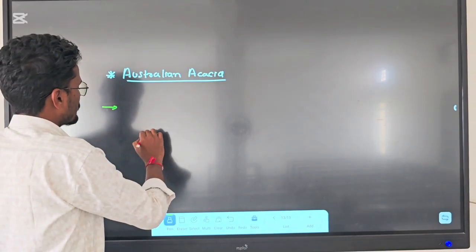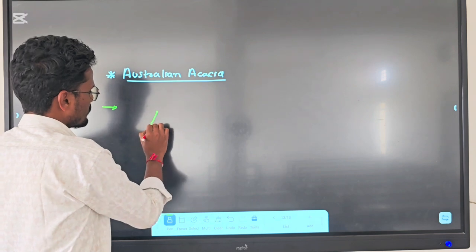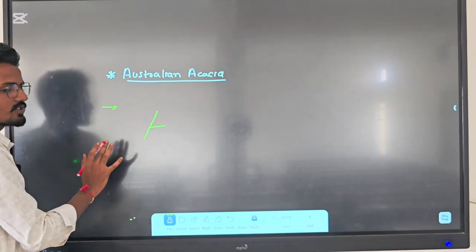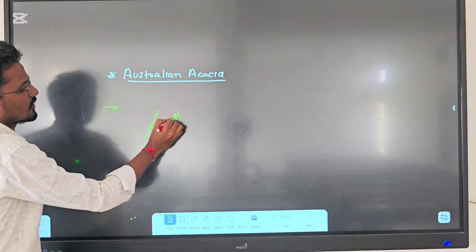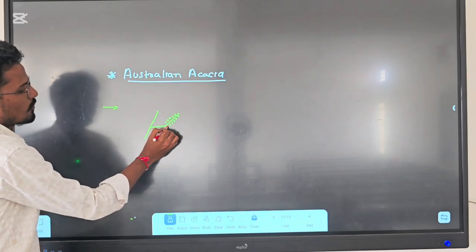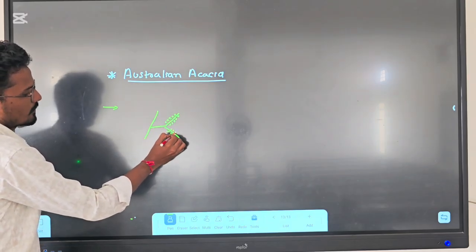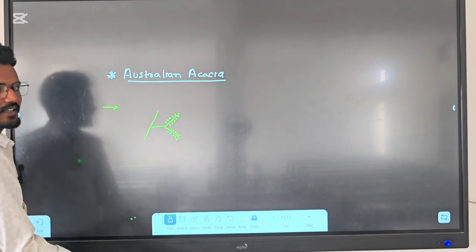We'll see how. This is one stem, an Australian acacia stem. From that, the leaves arise like this. These are compound leaves, you can call this a pinnately compound leaf.